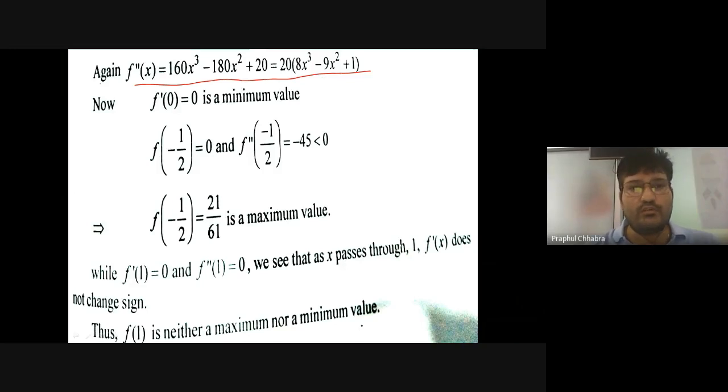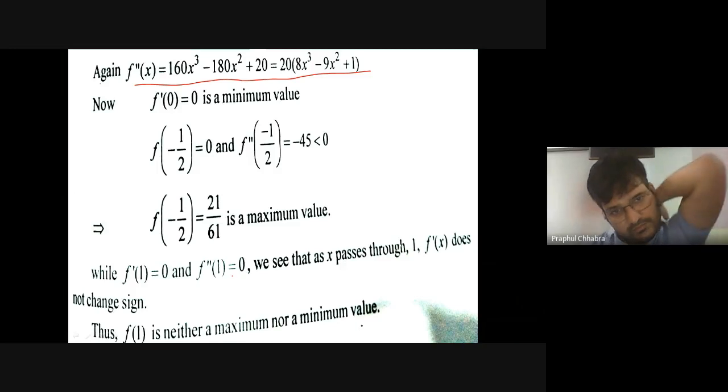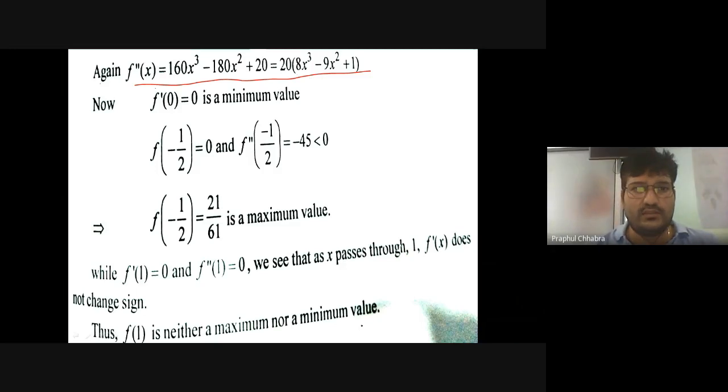Now, we have three stationary values: number 1, 0, number 2, 1, and number 3, minus 1 by 2. Right? So one by one, we will put them. First, we put x is equal to 0 in f double dash x.